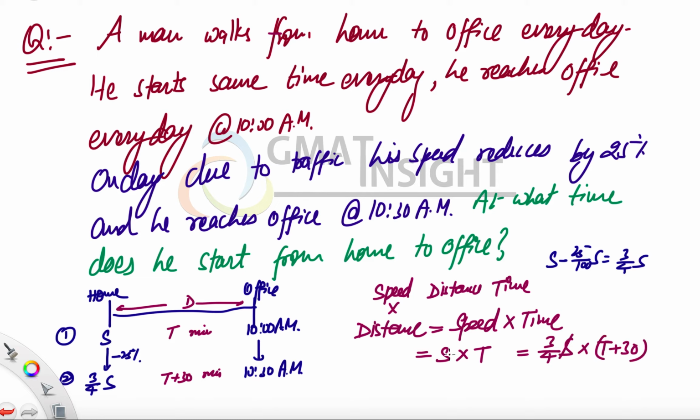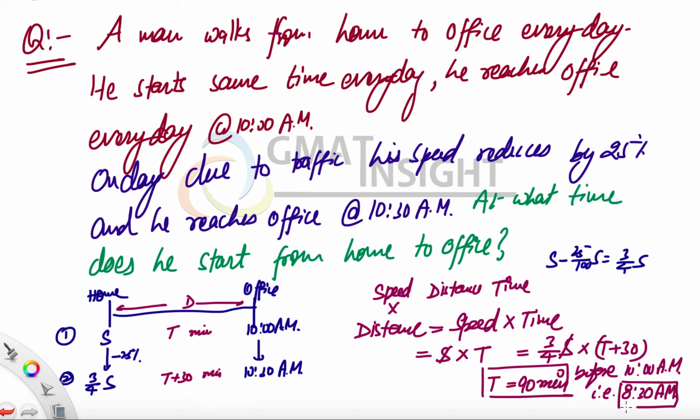Now we just have to simplify this, and the moment you simplify you get t is equal to 90 minutes. t equal to 90 minutes means the man starts 90 minutes before 10 a.m. That's the usual time that he leaves, because t is the usual time. That is, he starts at 8:30 a.m. So this will be the answer of this question, right?